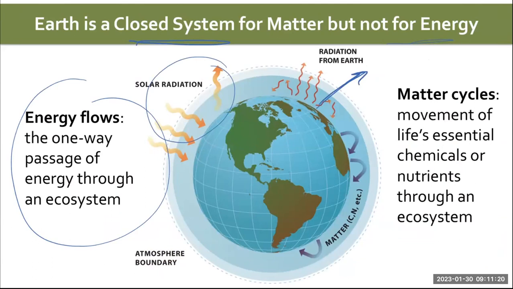So that energy flow is a one-way passage through an ecosystem, and it's inherently inefficient. Matter, in contrast, as I've said quite a few times now, cycles through an ecosystem. So matter is transformed, but it's contained and remains within an ecosystem.